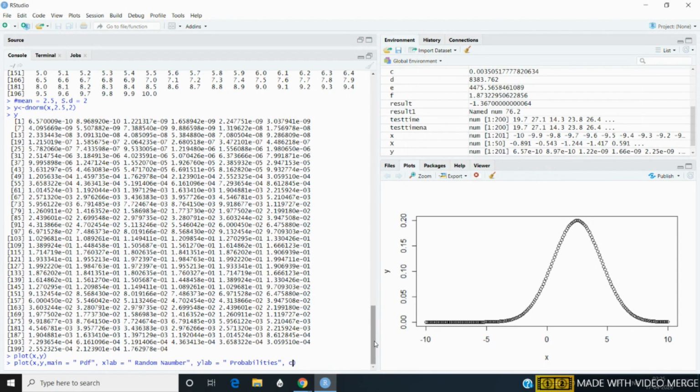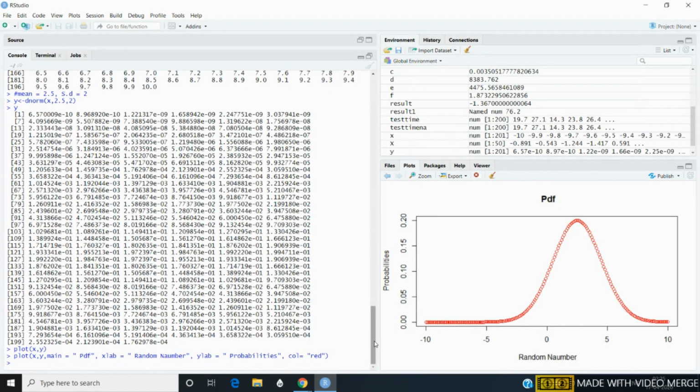And I will provide a color also, col equal to red. I will hit enter. Now the plot has changed. The title is PDF, and in place of x there is random numbers. This way we can draw the probability density function.